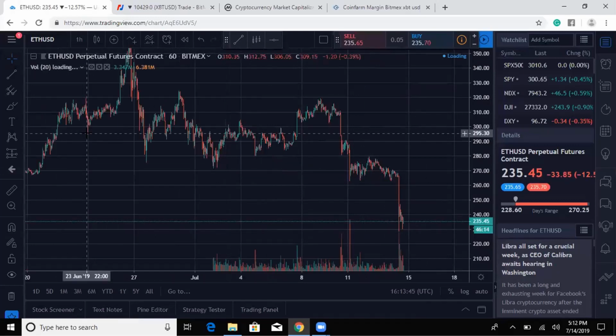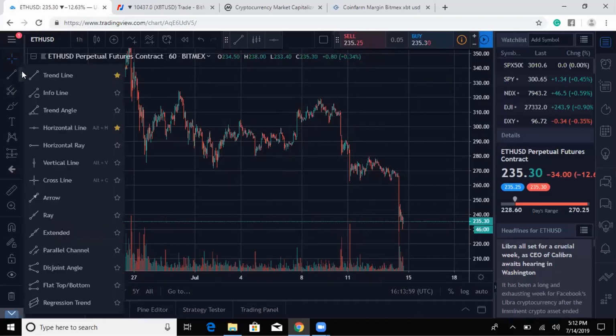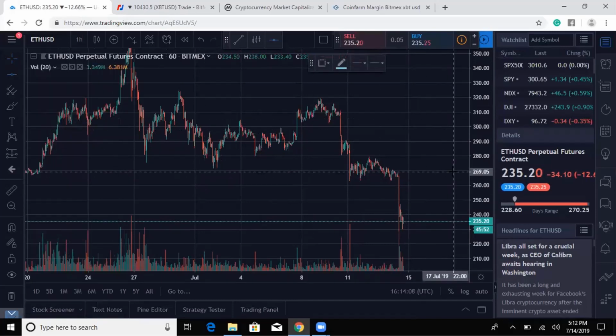I'm looking at previous areas where the price reacted. To map it out so I don't have to guess where those points are, I simply go to trend line and make use of the horizontal line right here. I use it to map out those areas.